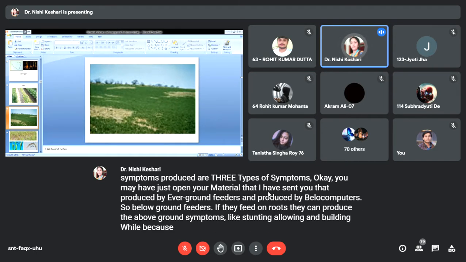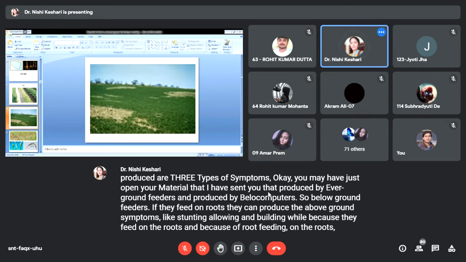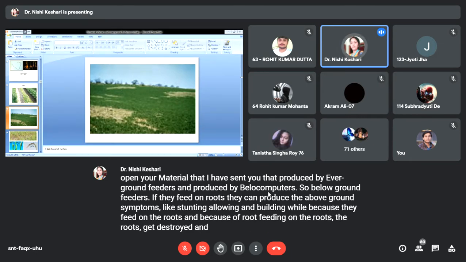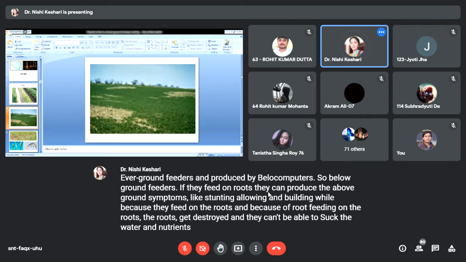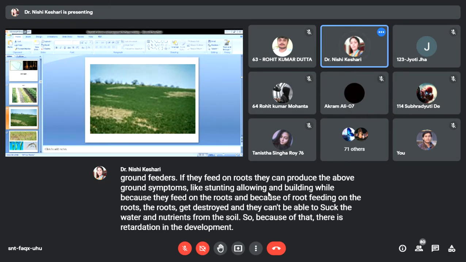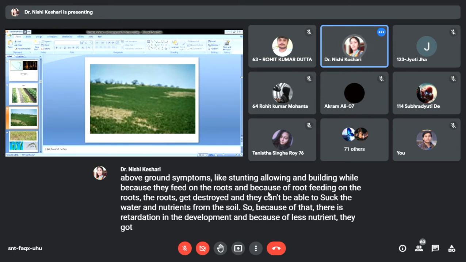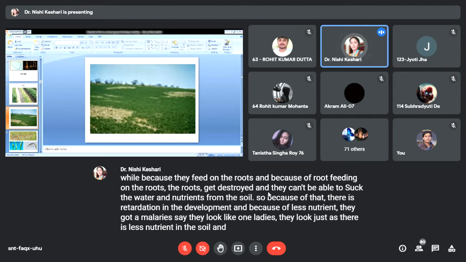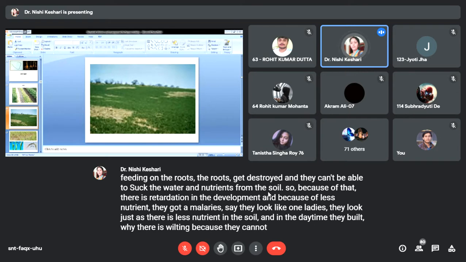Because of root feeding the roots get destroyed and they can't suck water and nutrients from the soil. So there is retardation in development, and because of less nutrients the plants look malnourished, as if there is less nutrient in the soil, and in the daytime they wilt. Why is there wilting? Because they cannot take water from the roots.